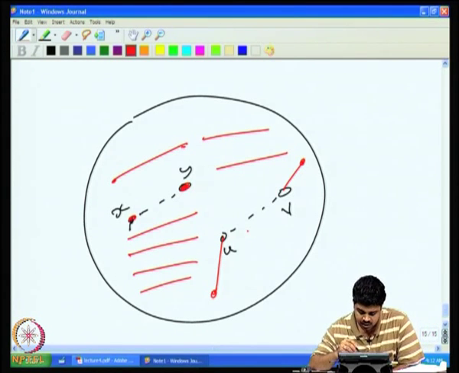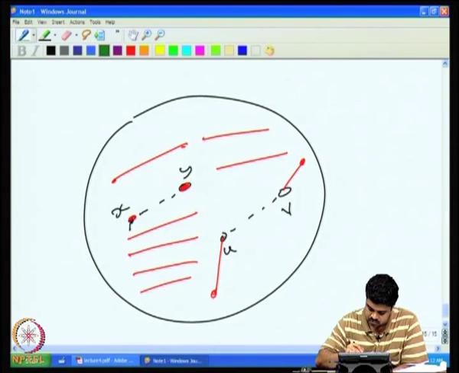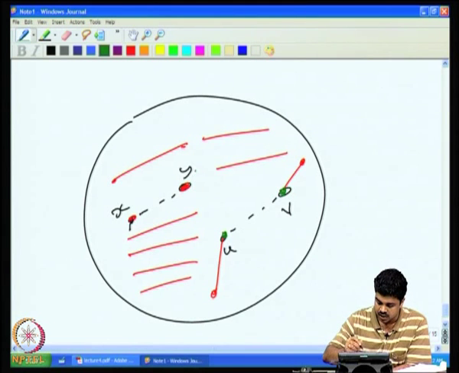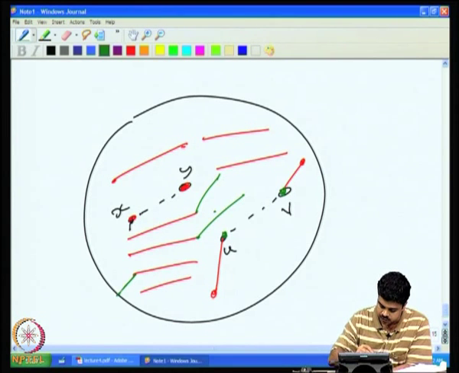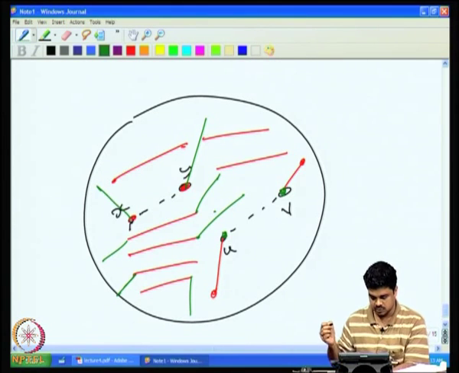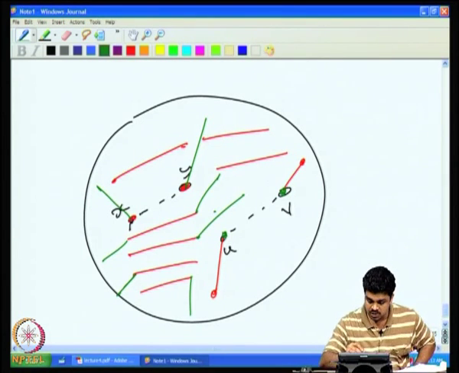Similarly, if you put the uv edge here, then also we will get a matching. Let us say it is a green matching, and it will match every vertex similarly. Here also, in particular, there will be some green matching. Every vertex will be matched except u and v.